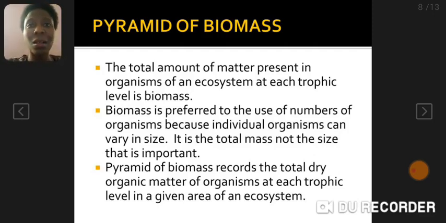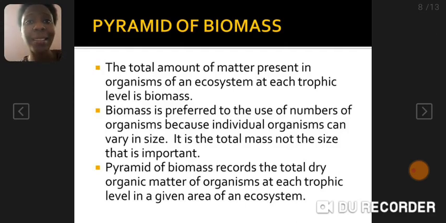Like their total mass, or weight in quotes. Weight and mass are not actually the same, but this is like getting the total quantity of matter contained in all the organisms in each trophic level.